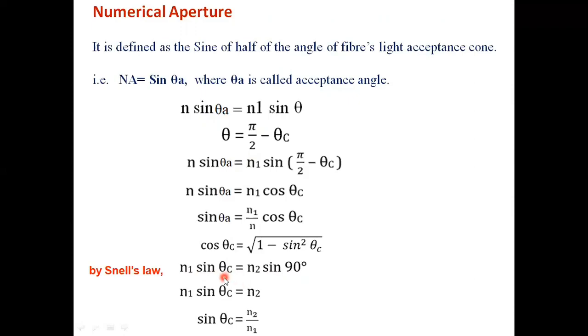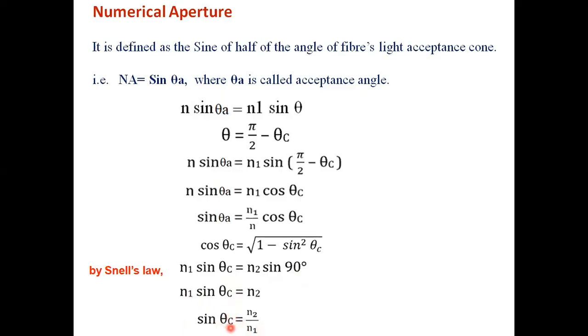When theta 1 becomes theta c, theta 2 becomes 90 degrees. Now it is in the critical situation. Therefore, n1 sin theta c equals n2, since sin 90 degrees equals 1. Therefore, sin theta c equals n2 by n1.